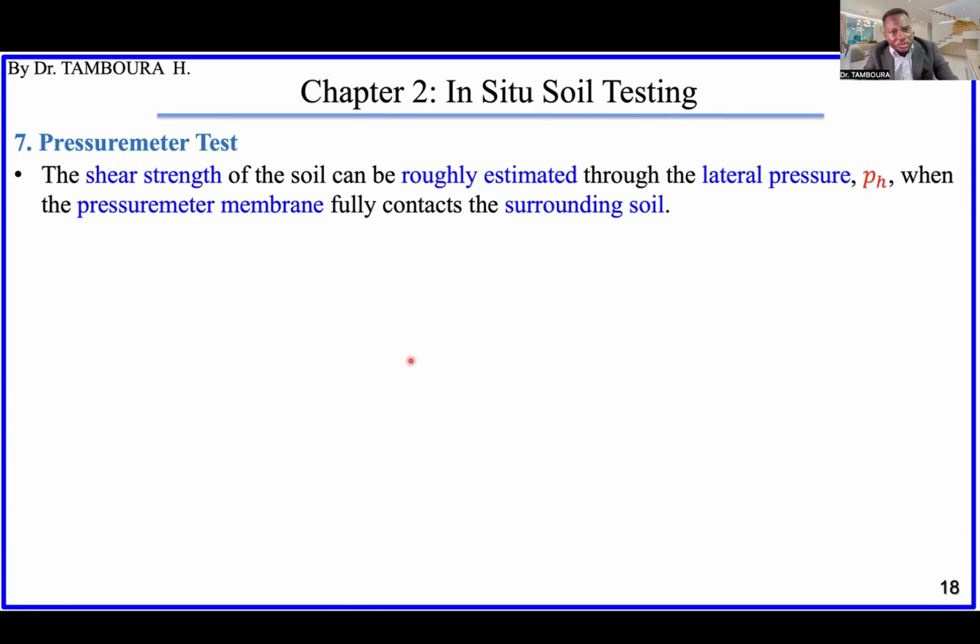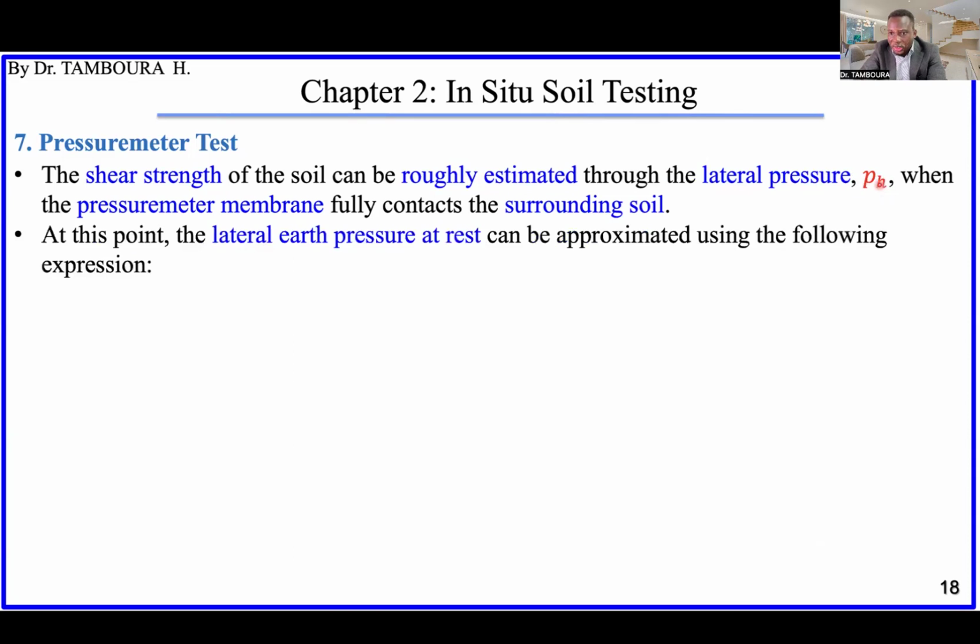So the shear strength of soil roughly can be obtained from the lateral pressure, PH, when the pressuremeter membrane fully contacts the surrounding soil.